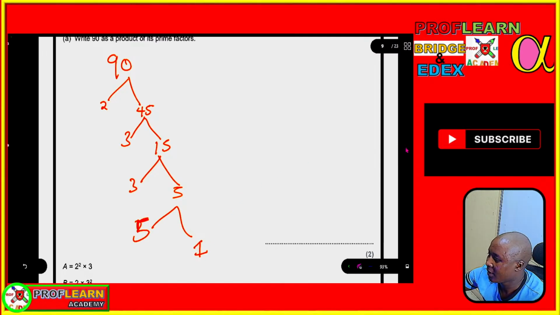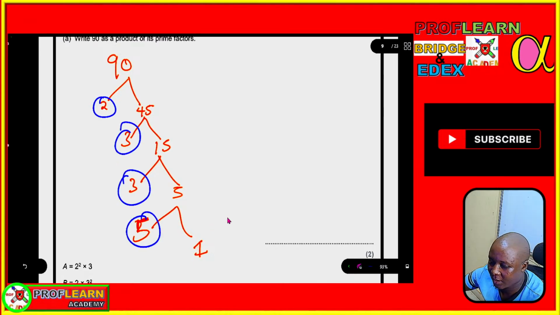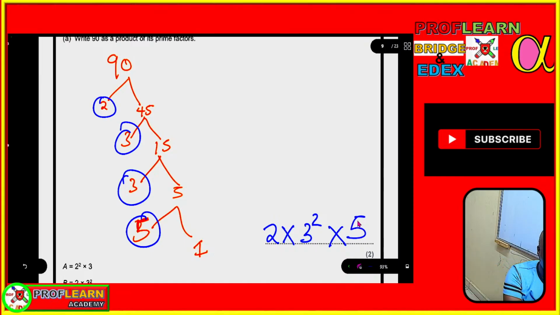So you can see these numbers that we have here, these are prime factors. So we can say this is going to be 2 times 3 power 2 times 5. Now we have expressed that as a product of prime factors. That is exactly what you are supposed to do in that particular case.